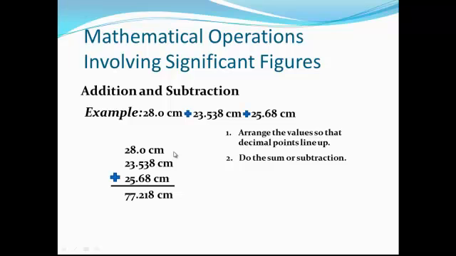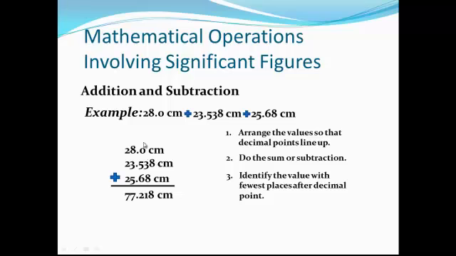As you can see, identify the value with the fewest places after the decimal point. Which of these measurements has the highest uncertainty level? This one is uncertain in the hundredths of a centimeter, as you learned in the prior section on identifying the level of uncertainty. The second measurement is uncertain in the thousandths because it's the third digit after the decimal point.